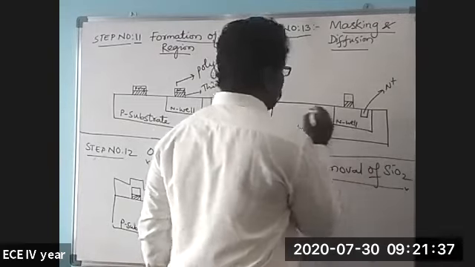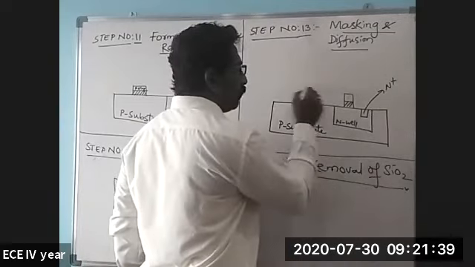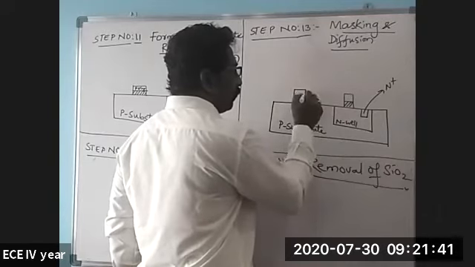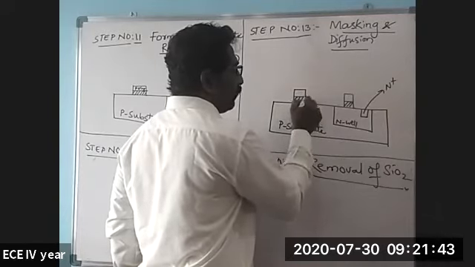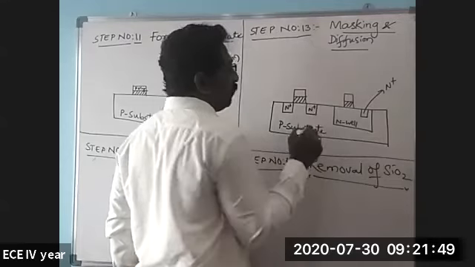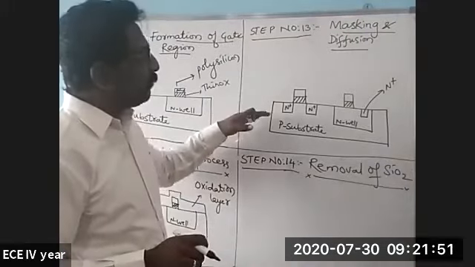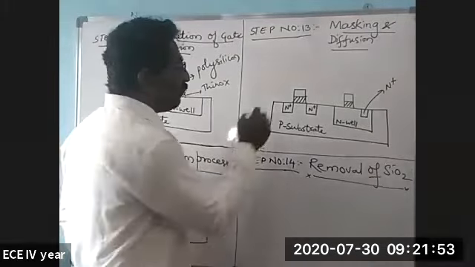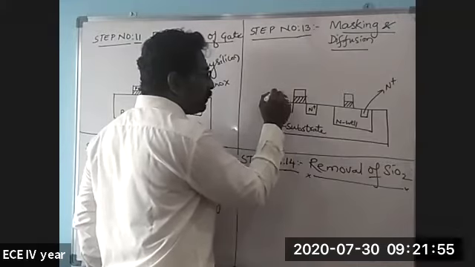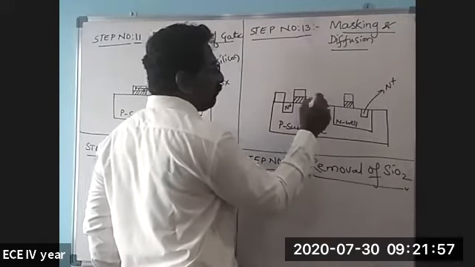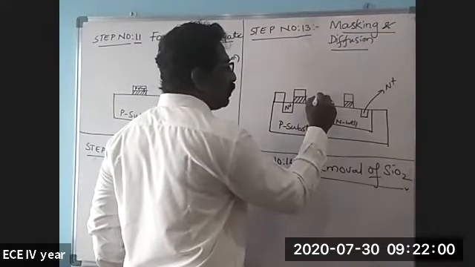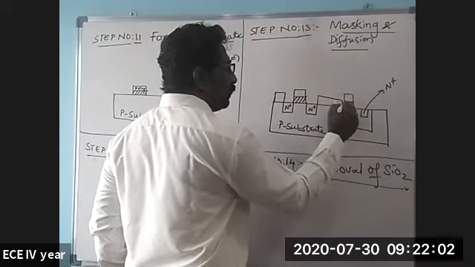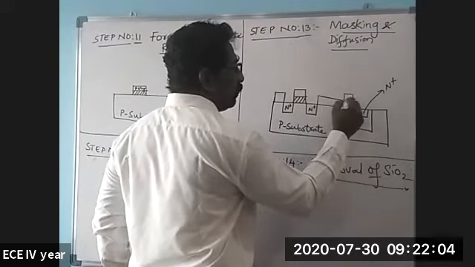This is your gate terminal. Here is another gate terminal for one of the devices, and next to that there is another N plus region, and here it is an N plus region. In the other places, the oxide layer remains in a similar fashion, the same oxide layer up to here.